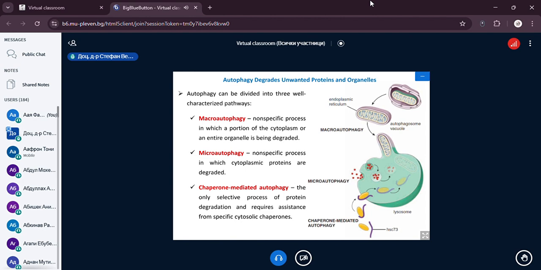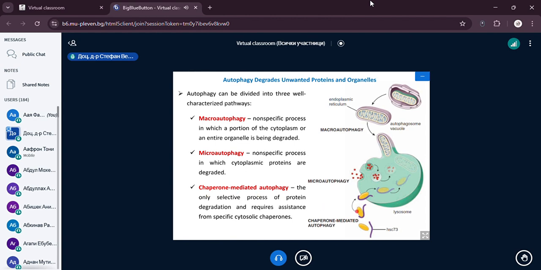The second type of degradation is called microautophagy. It is also a non-specific process in which cytoplasmic proteins are transported to the lysosomal membrane and then degraded in the lysosomes. And the last mechanism is called chaperone-mediated autophagy, and this is the only selective process.